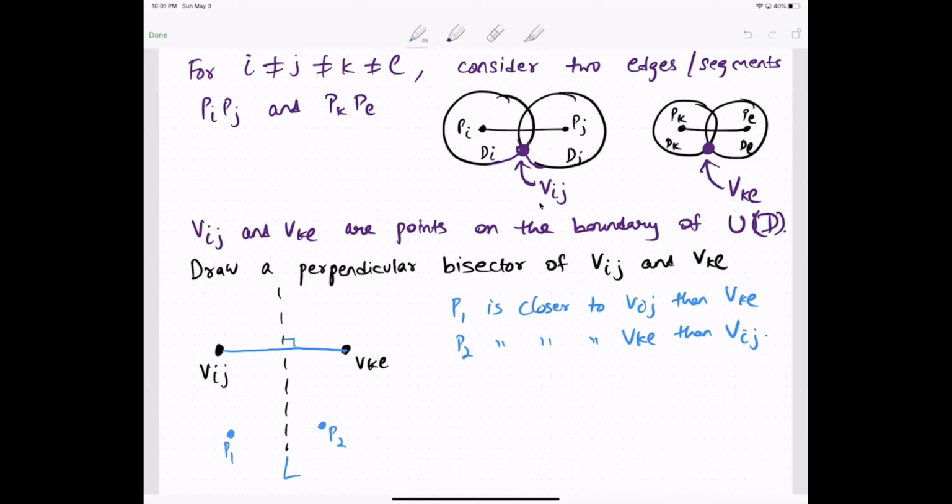So now the question we want to ask is the following. Which side of L do Pi, Pj, Pk, and Pl lie? That's the question we want to answer. So let's go.